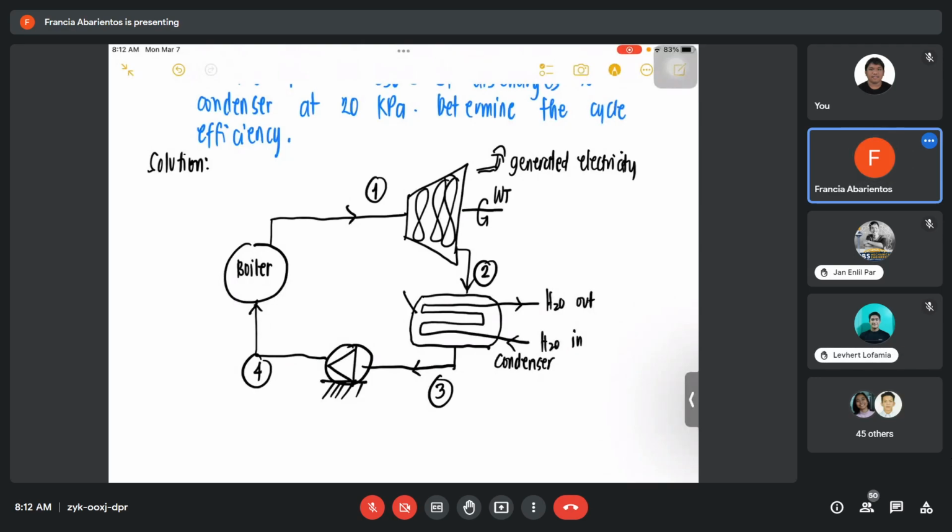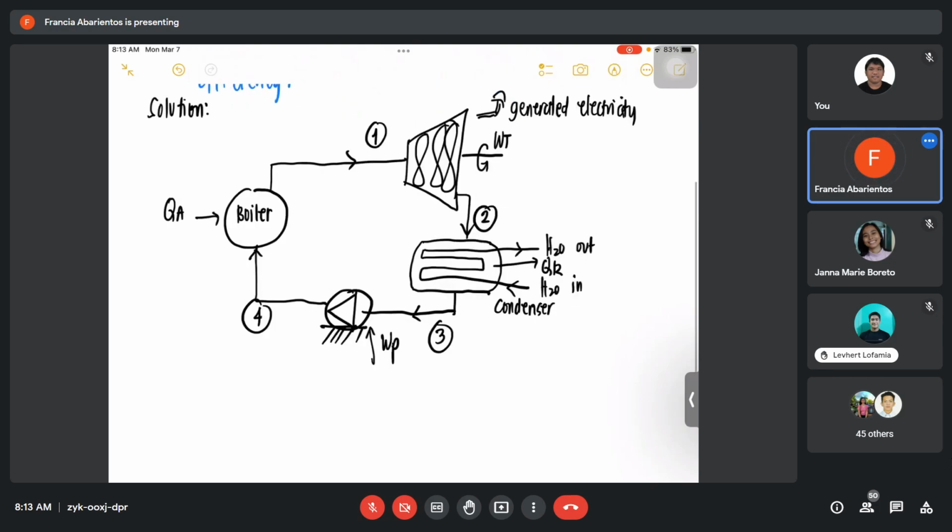So, meron tayo dito, heat is rejected. Ay, mali yung arrow. Ito na, no? So, heat is rejected. While here, we have the work of the pump and heat added at the boiler. So, this is the schematic.